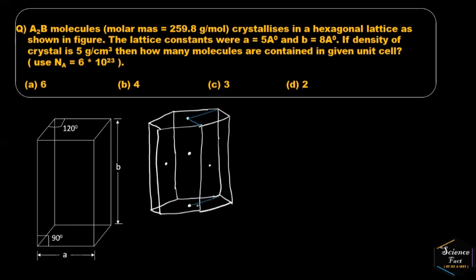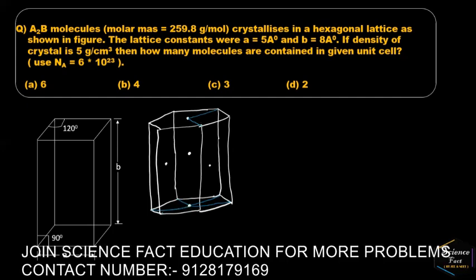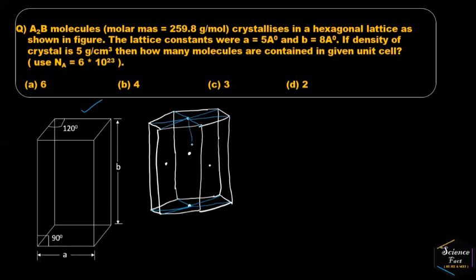Similarly, if we join all the corners with this center, we will get this type of structure. Now I am going to highlight this primitive unit cell where it is present in actual practice. So this is actually present here.